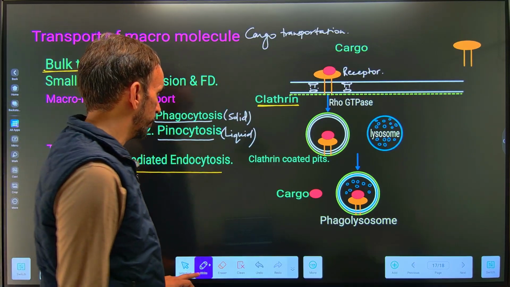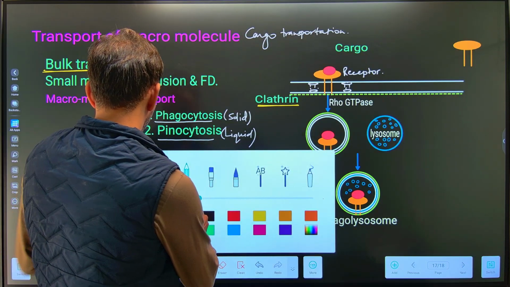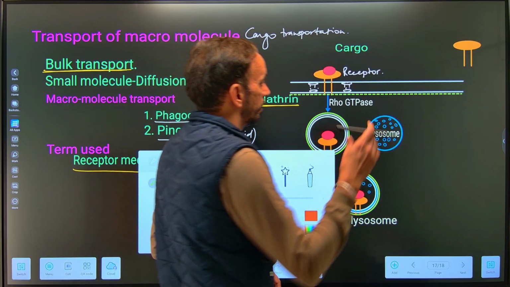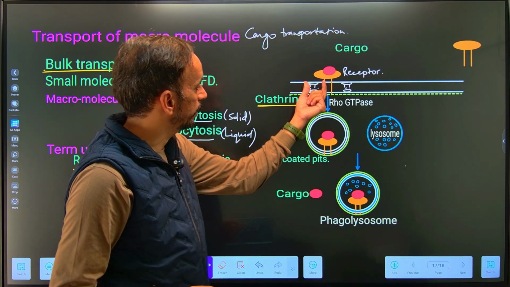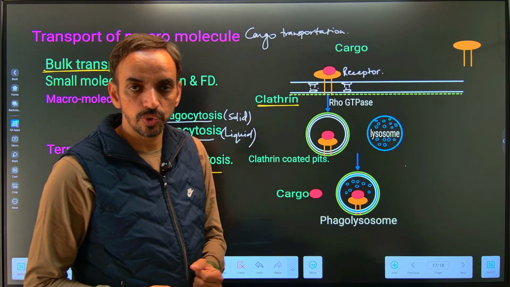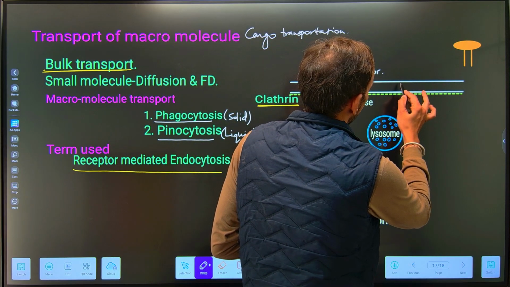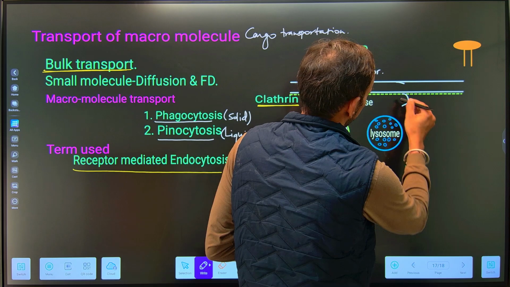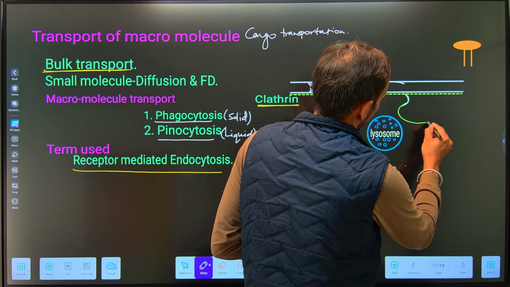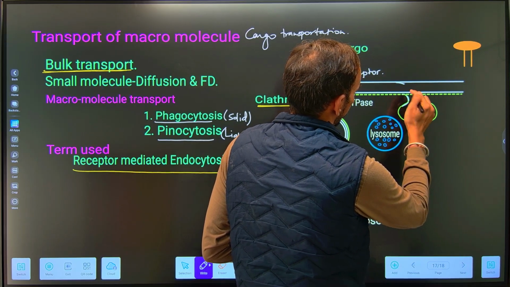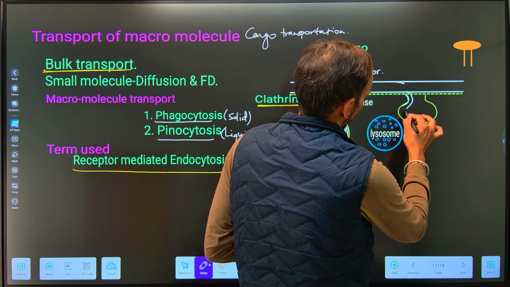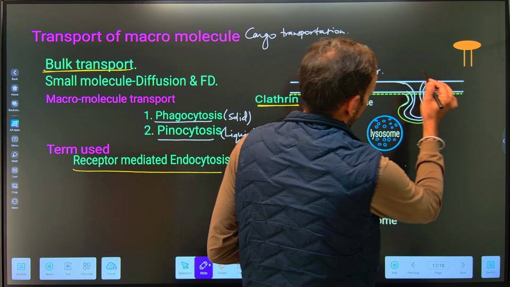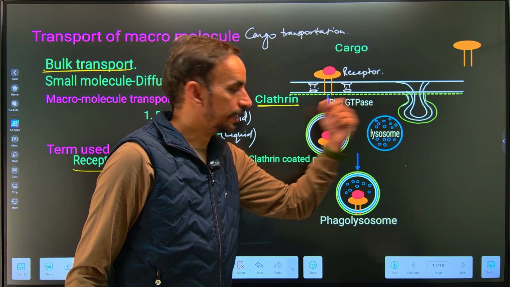Let us try to understand this a little here. Suppose we have the receptor bound with the cargo molecule. The clathrin along with the two types of membrane, the outer and the inner layer of membrane, will form this type of structure.